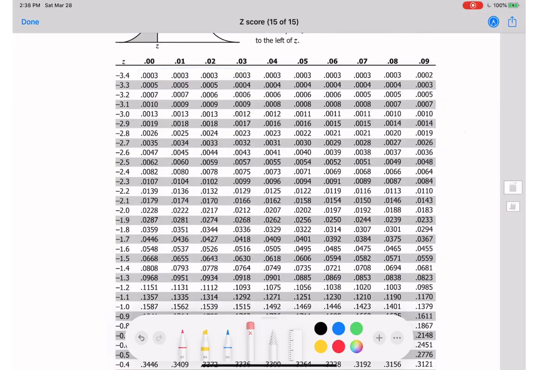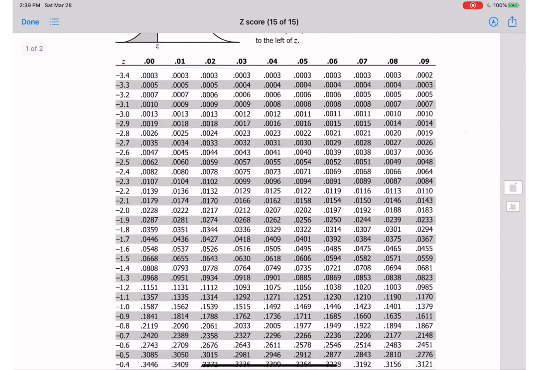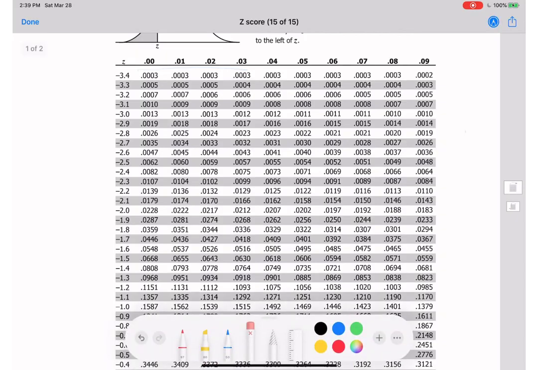For example, if I am given the probability of x for a z-score that we don't know, equal to 0.0023.